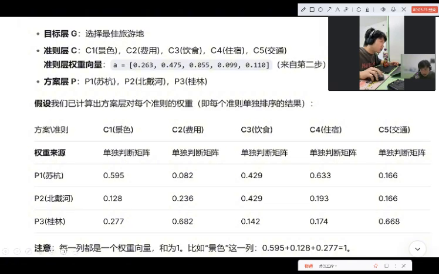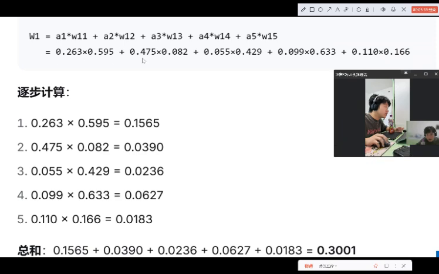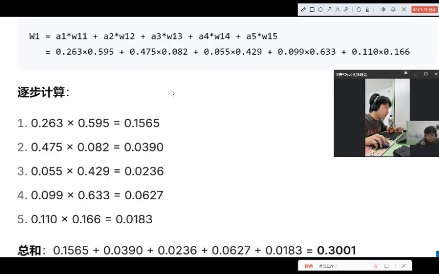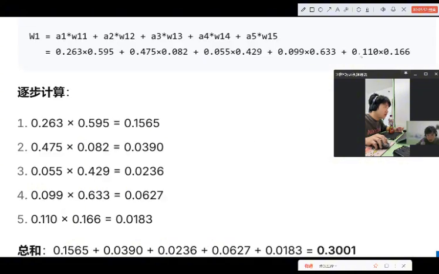So now we can calculate the weight. How do we calculate the weight? The criteria vector times the destination vectors here. For example, for Suhang, we could do 0.263 times 0.595, and this times this times this, and we get the weight of Suhang, 0.3.